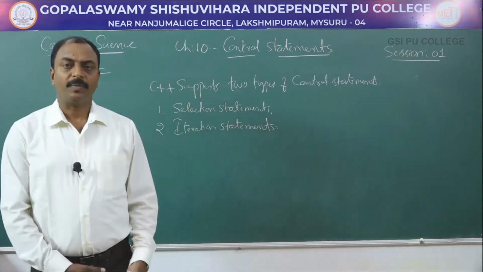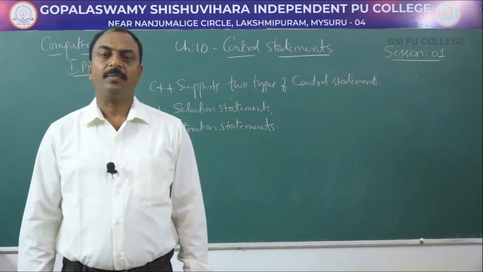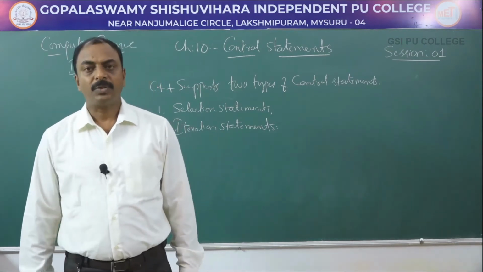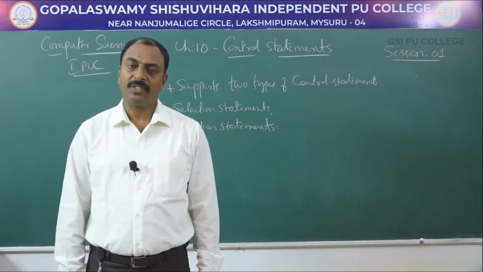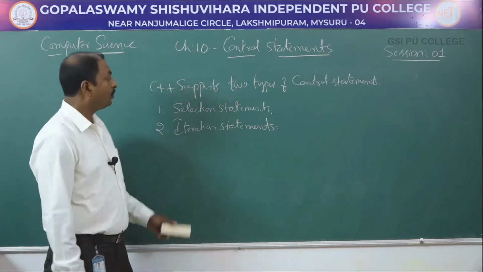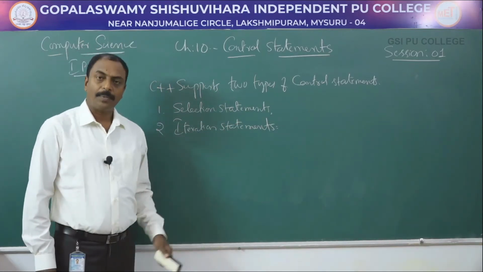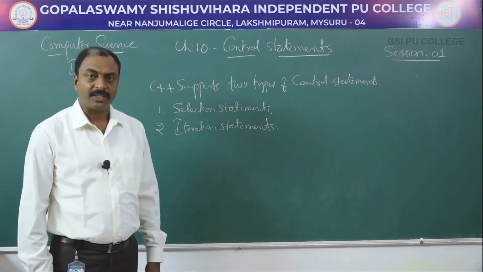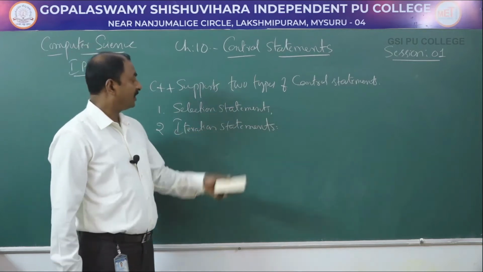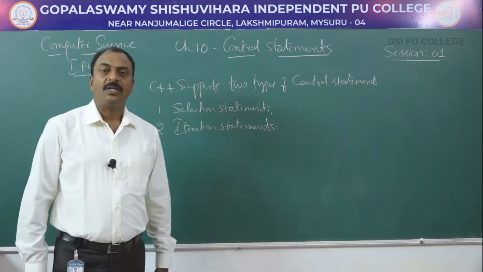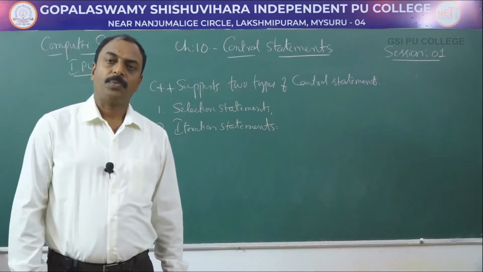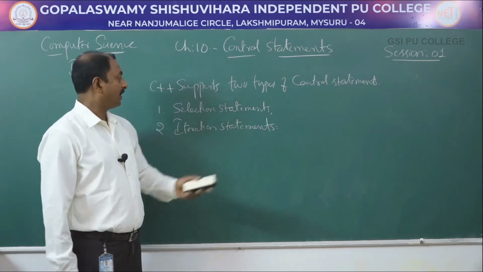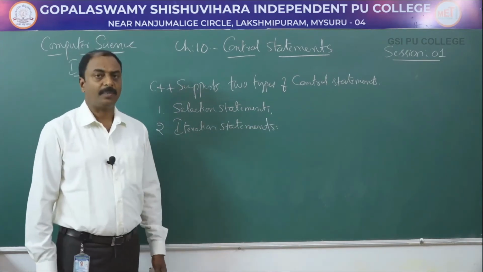Students, I would like you to remember whatever we had discussed in the previous chapter, that is chapter 5, problem solving methodology. There we discussed with many examples about these types of statements, but there we studied them under the heading programming construct. They are selection construct and iteration construct. Now we are studying under the C++ programming concept. So here, these are selection statements and iteration statements.